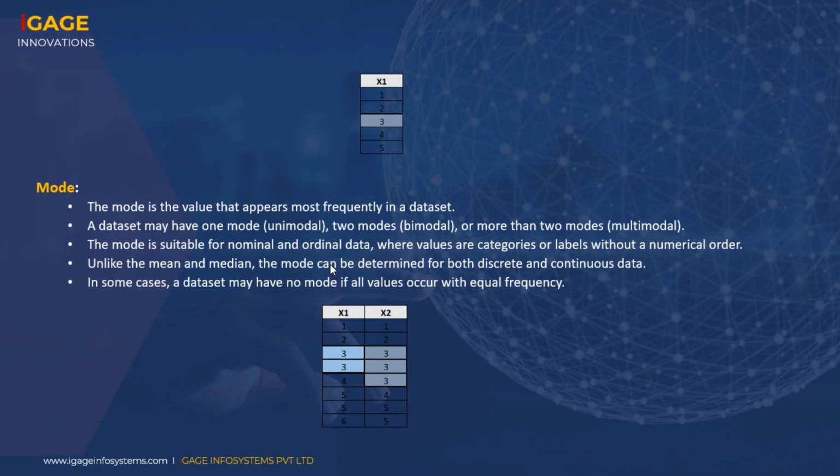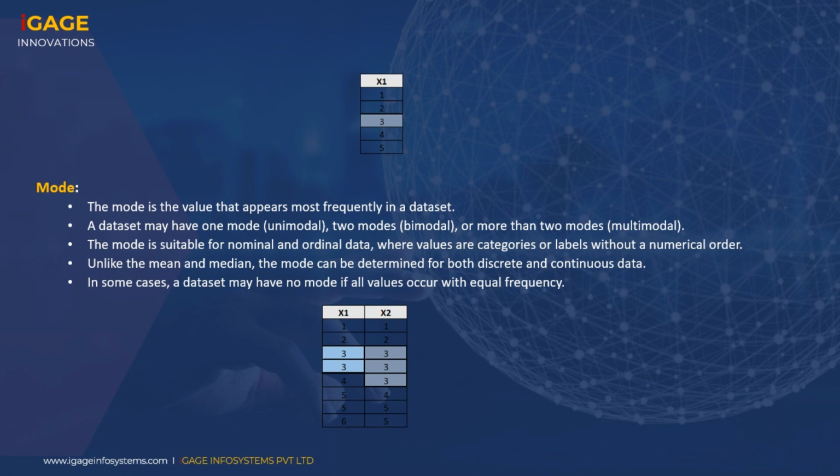Mode is suitable for nominal and ordinal data, which we have already discussed, where ordinal data has labels along with direction, like the example of salary labeled high, medium, and low. That is an example of ordinal value.